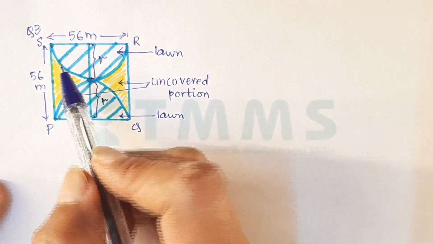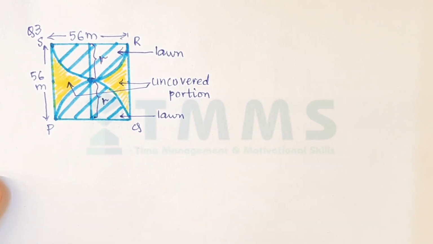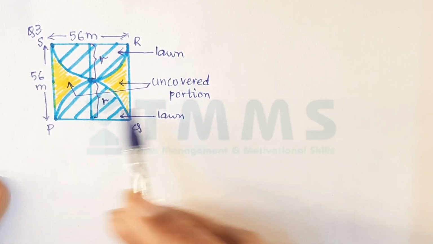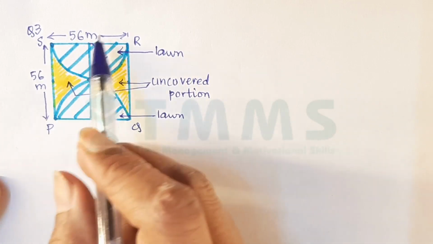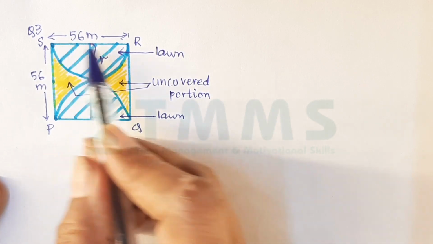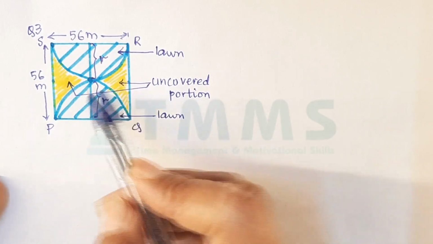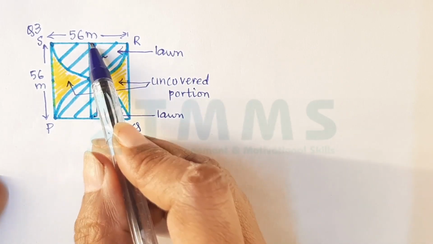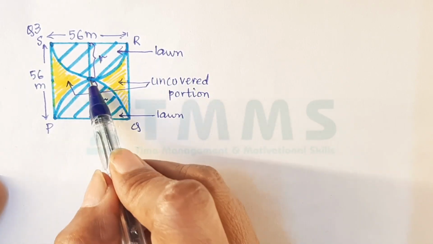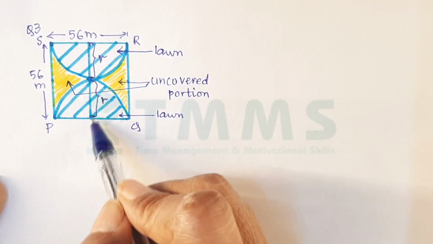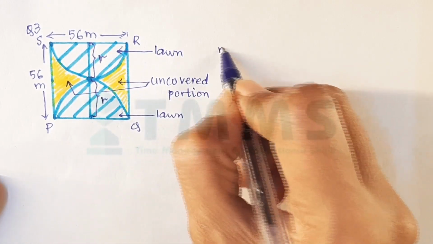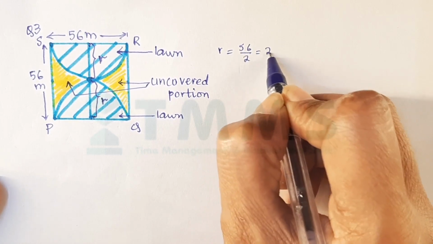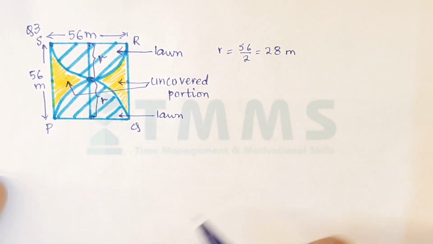So in our question number 3, we have used our tip number 2, and we have drawn the diagram, and we have put all the data that had to be written here. 56 meter was the side of the square. Then we have the semicircles, which means the full thing from here to here is 56, and therefore each one of these becomes the radii, and each radius is going to be equal to 56 upon 2, which is 28 meter.